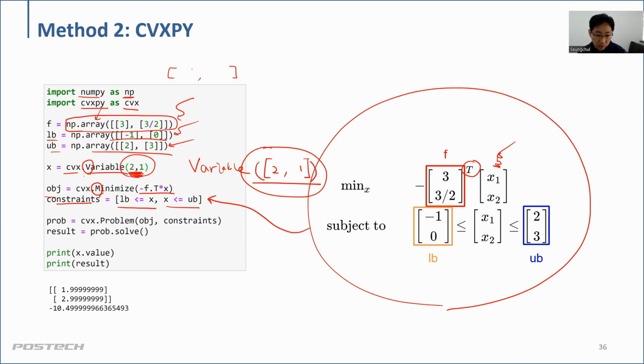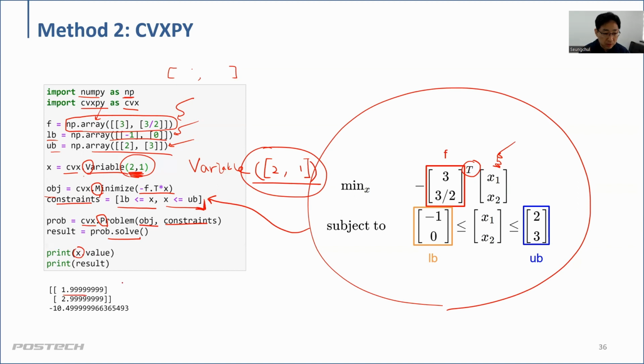And up to this point, we tell CVXPY this is the optimization problem that I'm going to ask you to solve. With cvx.Problem, we give the objective function and the constraints and ask it to solve. And I want to print out the values.